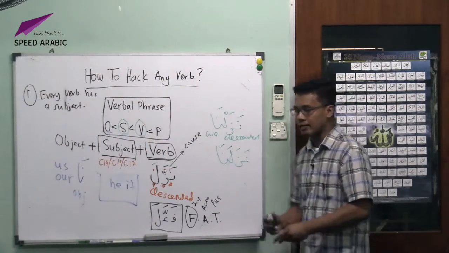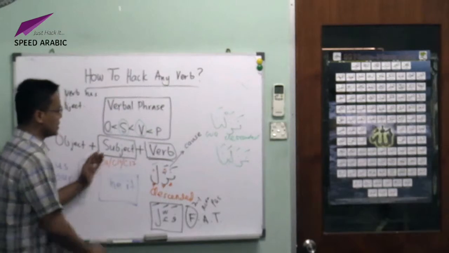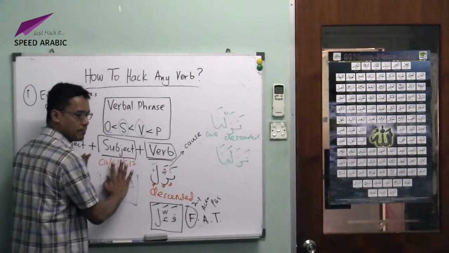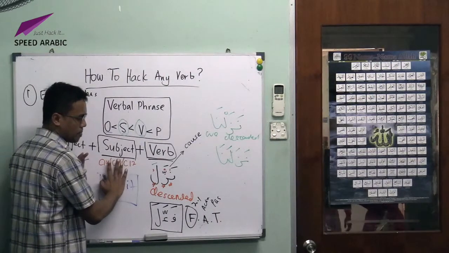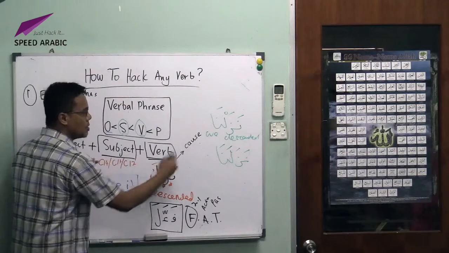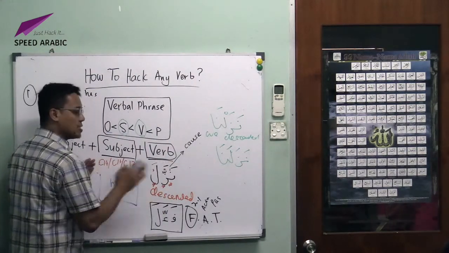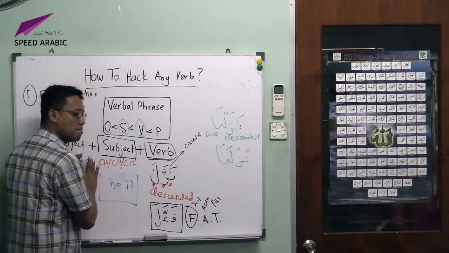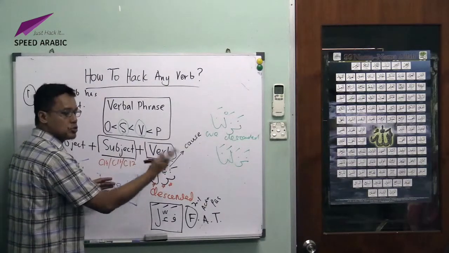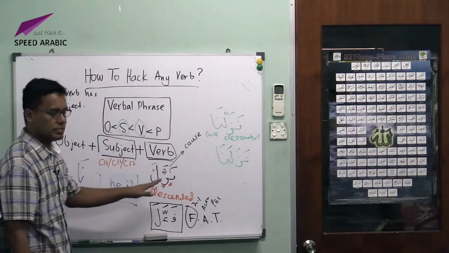Okay, alright. Now we go back, disregarding na. What's the meaning of just nazzala? So caused to descend, right? Caused to descend. So where's the subject for nazzala? He. So he caused to descend. Okay, so nazzala means he caused to descend.